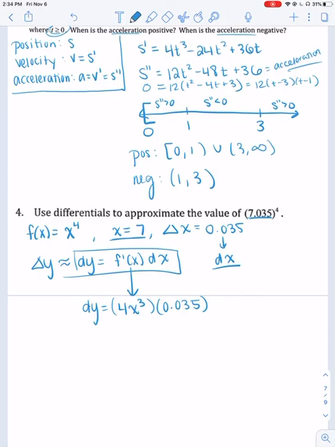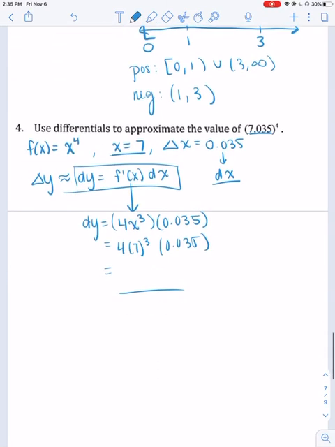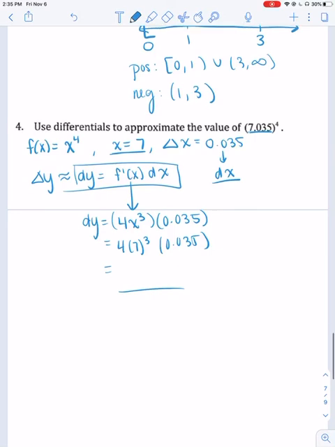We need to know it when x is 7, so we're going to plug in the 7 here and see what you get. I'm going to move a little fast because I'm supposed to be in office hours right now. And that's the approximated change in y.